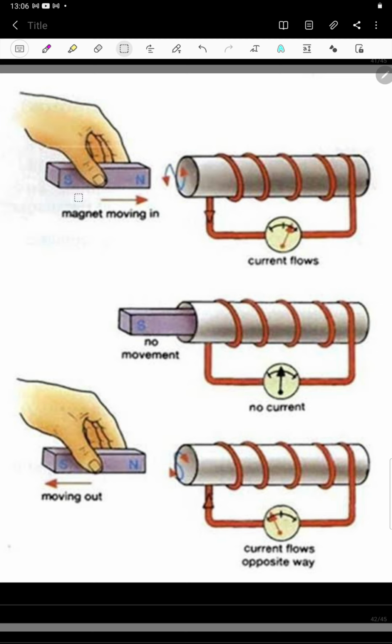Here the first diagram shows the magnet moving towards the coil. When the magnet is moving towards the coil, magnetic flux is linked with that coil, and the coil produces an induced EMF.